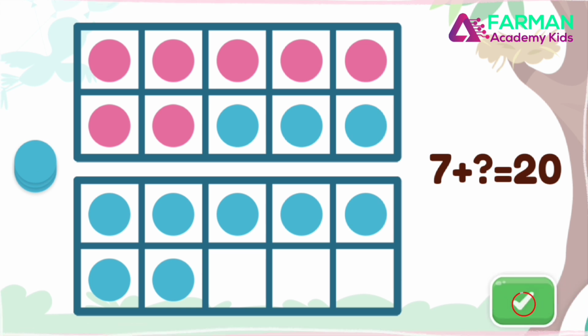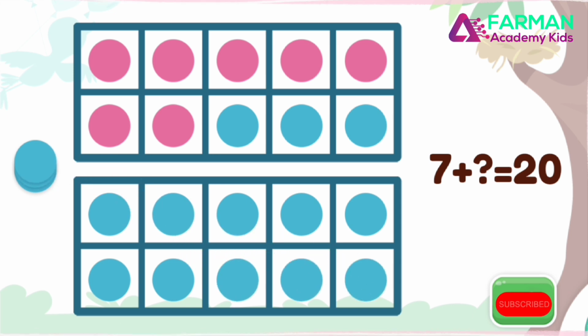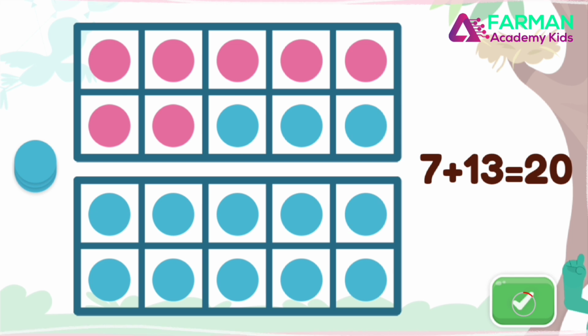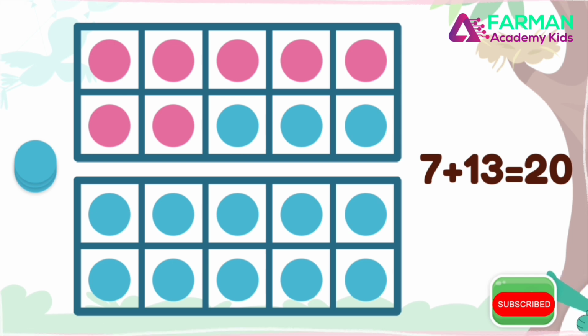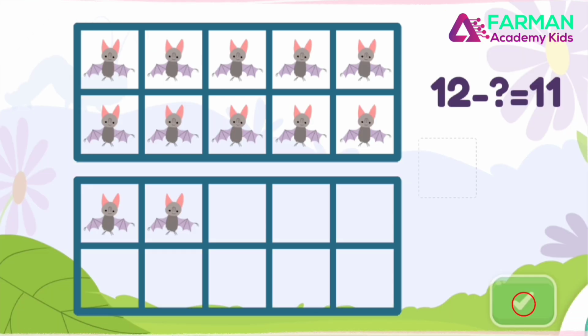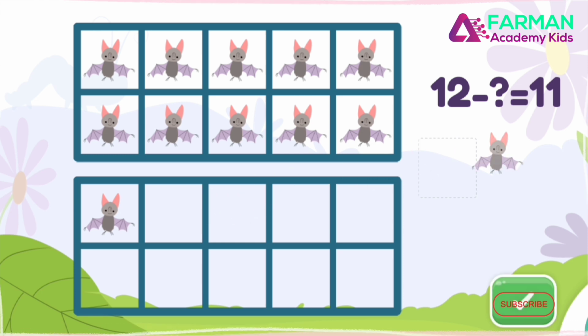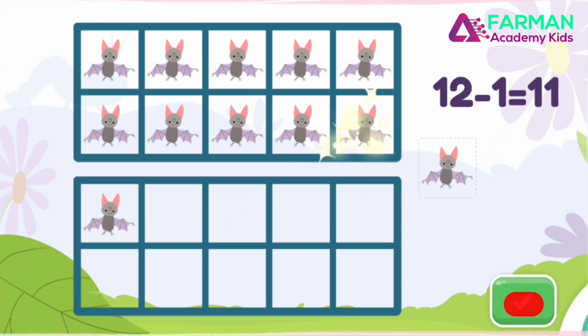How many should you add? 7 plus what equals 20? Great! 7 plus 13 equals 20. Let's subtract. 12 minus what equals 11? 12 minus 1 equals 11.